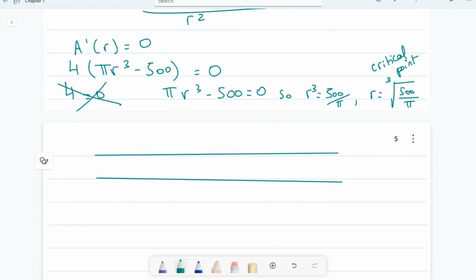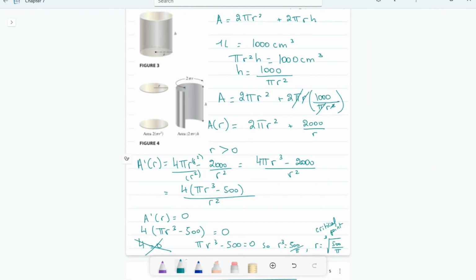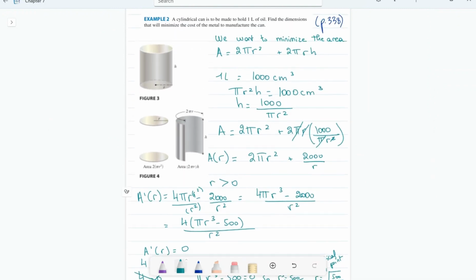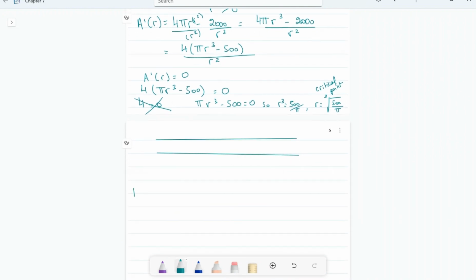So again, let's look up and check what A is. A is 2 pi r squared plus 2000 divided by r. So I will write it on the side here. Here I will write A, here I will write the derivative of A, and here I will write whether A is increasing or decreasing.